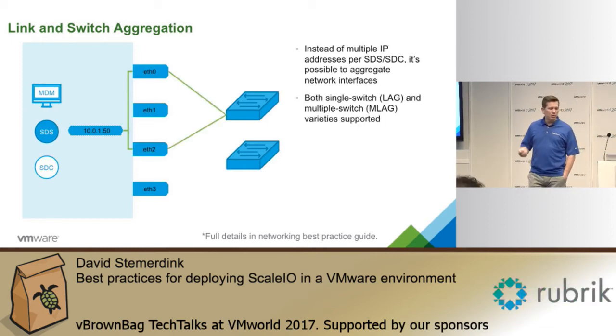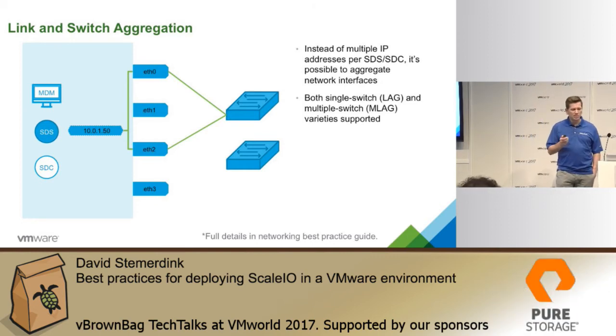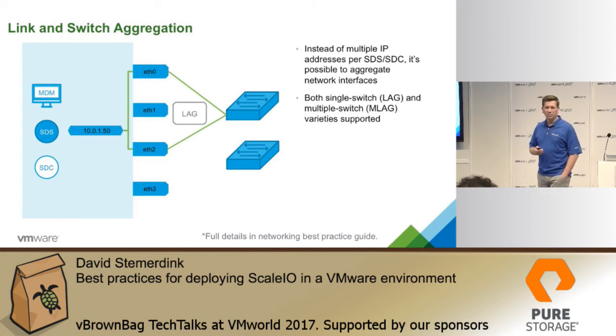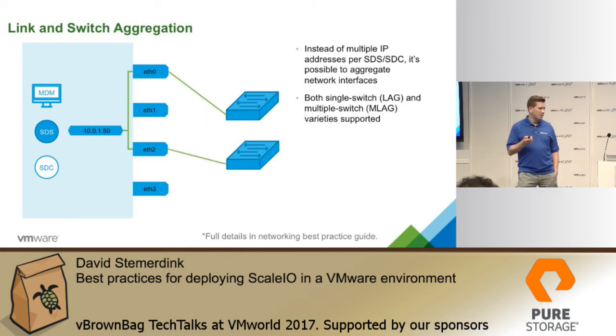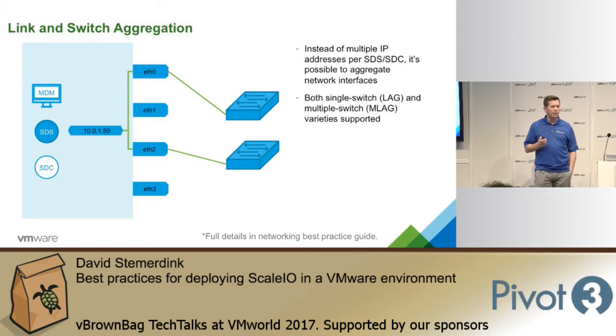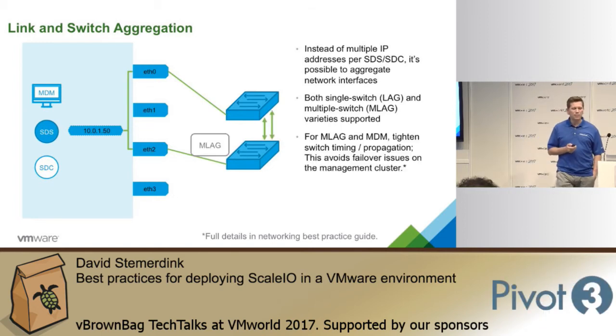What we've tested and documented is that we can work with single switch lag aggregates or multi-switch MLAGs to provide resilience. However, when we do configure MLAG, there's some things that you need to check, right?